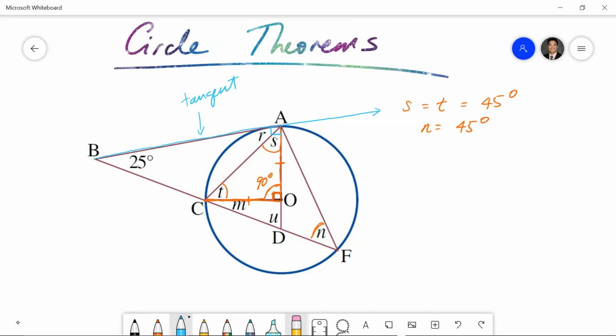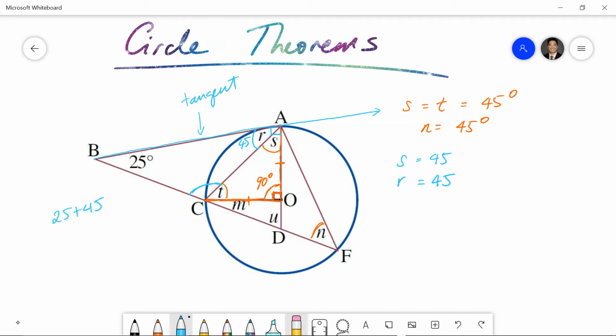So that means if S is equal to 45, then R needs to be 45 degrees as well, because they both add up to 90 degrees. Okay, then if that's the case, if this is 45, we can then solve for this angle here.